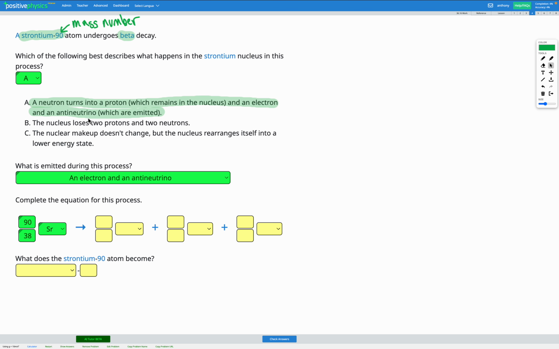Now we need to apply our knowledge of beta decay. So we know a neutron is going to turn into a proton, which remains in the nucleus. So that's going to help us determine which atom strontium-90 becomes. So we're starting with strontium, which has 38 for the atomic number. That means 38 protons. It has a mass number of 90.